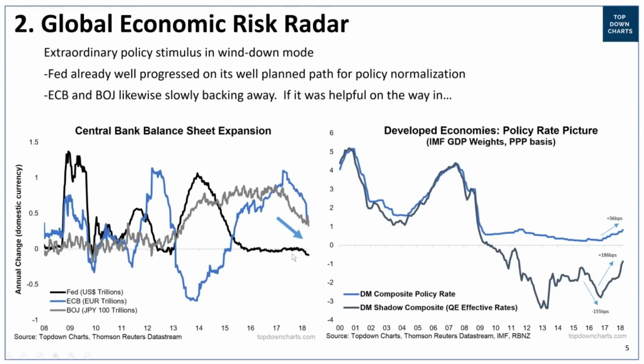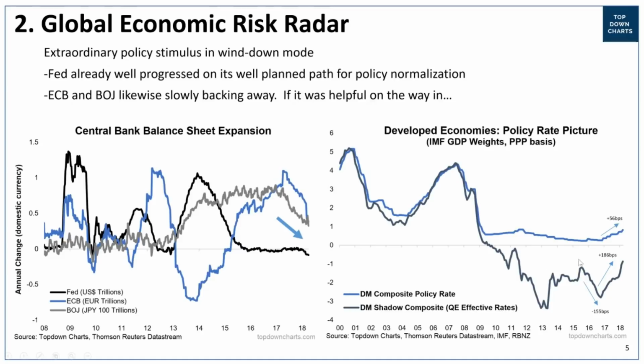You can see that the Fed there has already moved into tightening mode, quantitative tightening, so it's reducing the size of its balance sheet. And you can see also that the ECB and BOJ are heading in that direction. So the BOJ have entered into stealth tapering. They didn't tell us that they were going to taper, but they have. So it's a pretty key piece of information to have there.